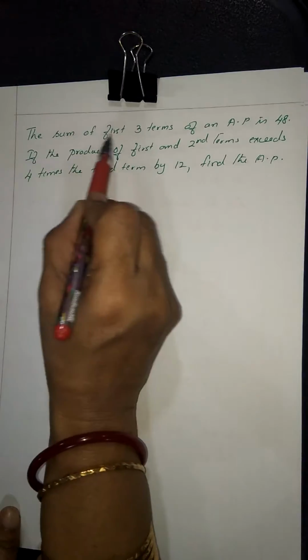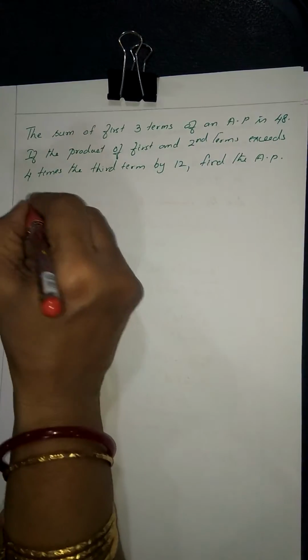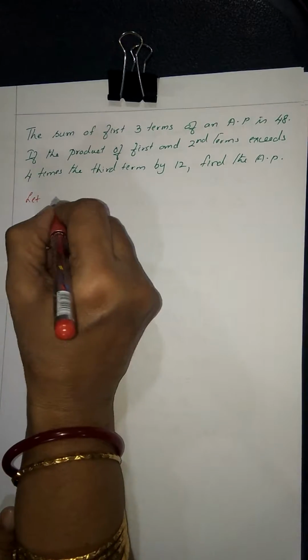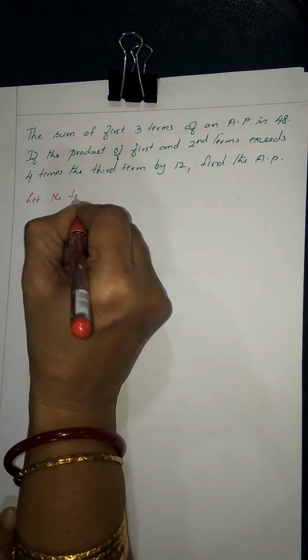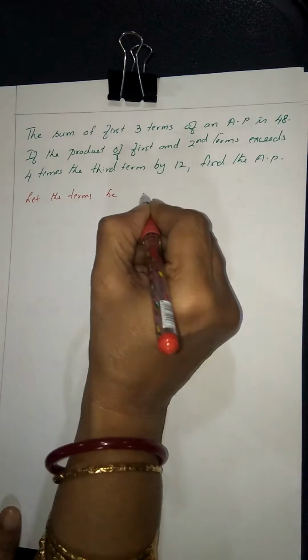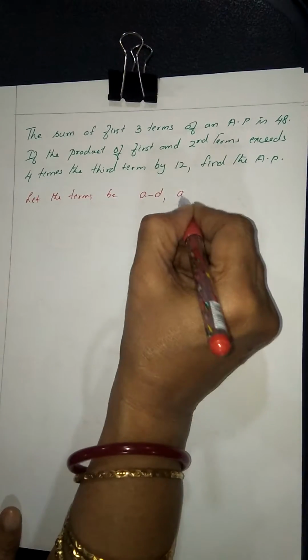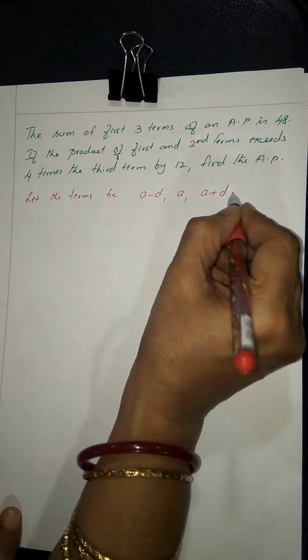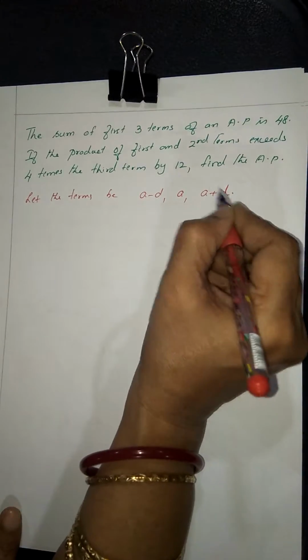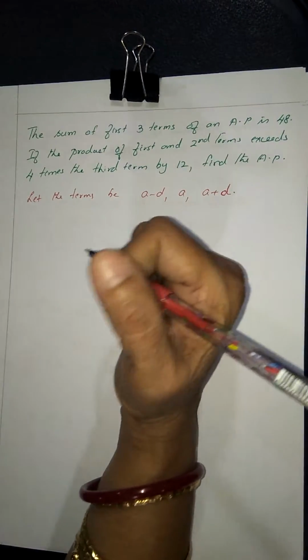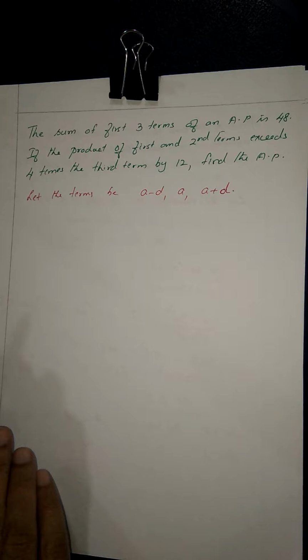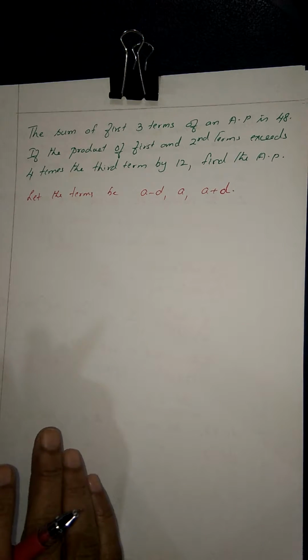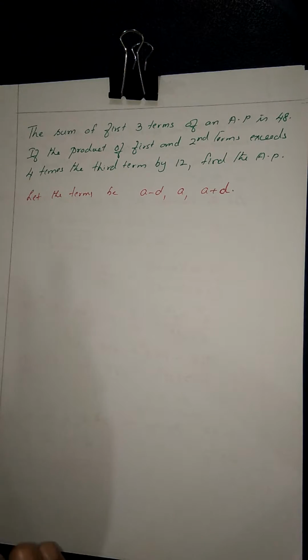Here it is given that the sum of the first 3 terms of an AP is 48. So when 3 terms are given, you have to assume them as a minus d, a and a plus d. When it was 4, we assumed a minus 3d, a minus d, a plus d and a plus 3d.